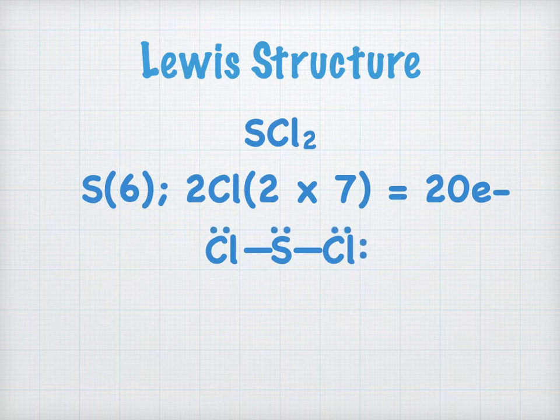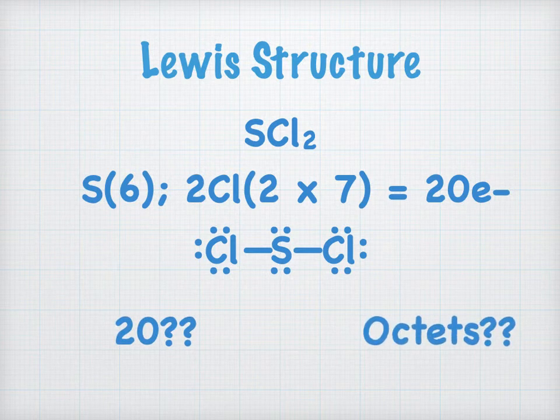And so if we put the dots around there so that everything has an octet, or 8 valence electrons, then what we want to do is count the total number of electrons in the structure. So if you count all of the dots, that's 8 unshared pairs of electrons, so times 2 gets you 16, 2 for each shared pair, so 4 more gets you to 20. So we do in fact have 20 electrons here, and every element has an octet, so that is your dot structure. Let's look at another one.